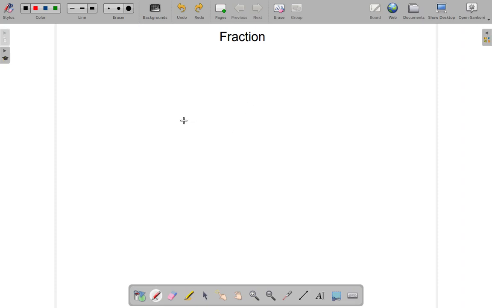Now, let me first of all represent my whole as a circle, an entire circle. I will cut this directly in two and shade this portion. Then I represent this as a fraction.